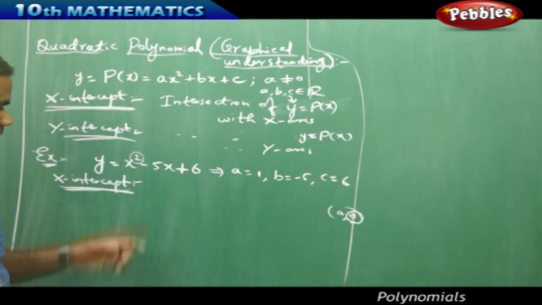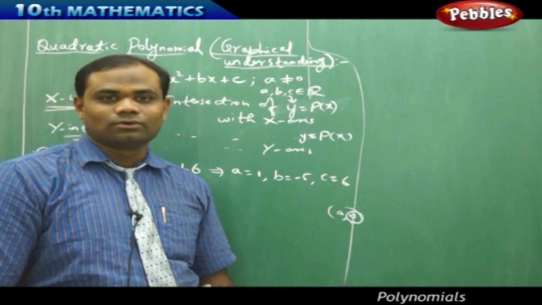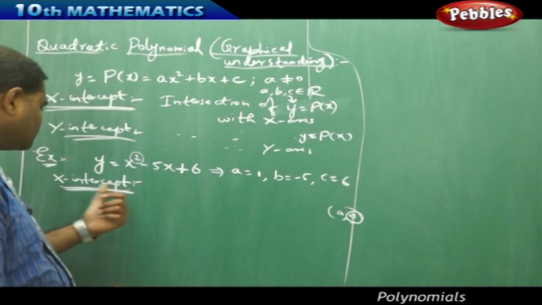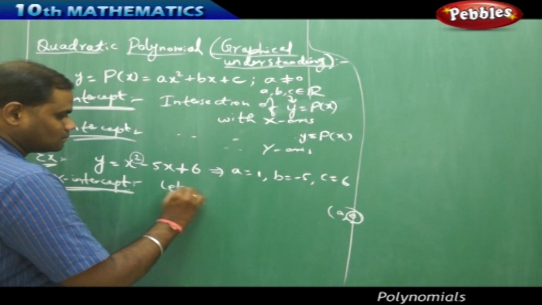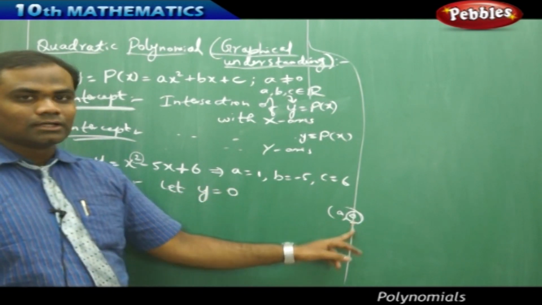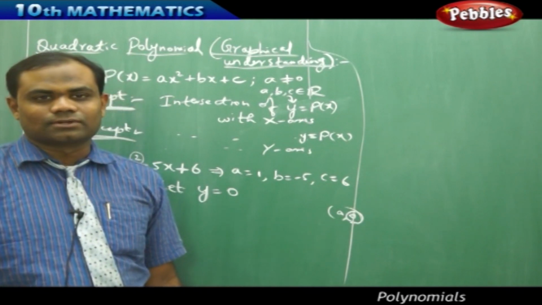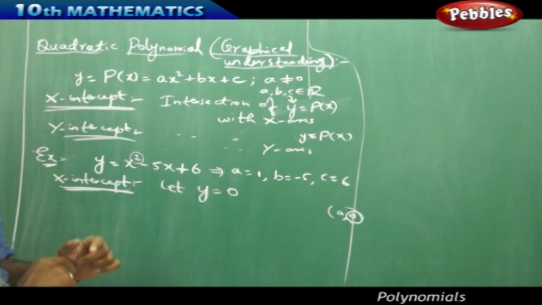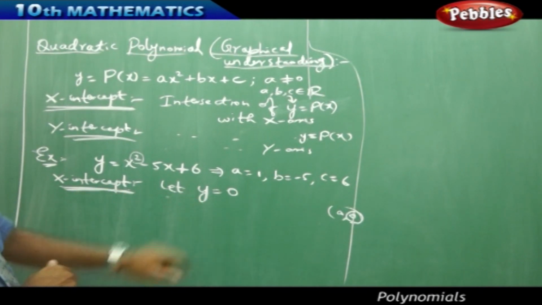Therefore, to obtain the x-intercept, I take y equal to 0, and to obtain the y-intercept, I take x equal to 0. It is the reverse way. So for the x-intercept, I take y equal to 0.